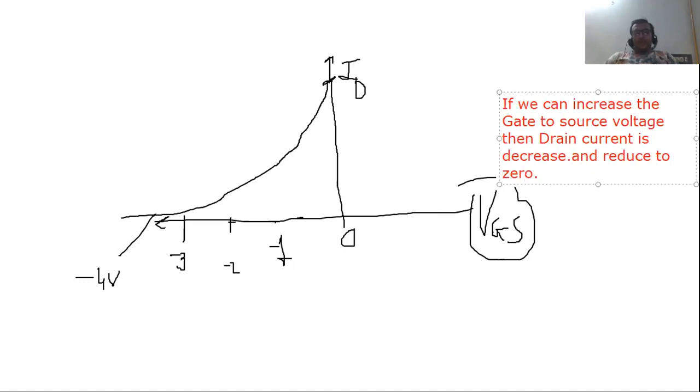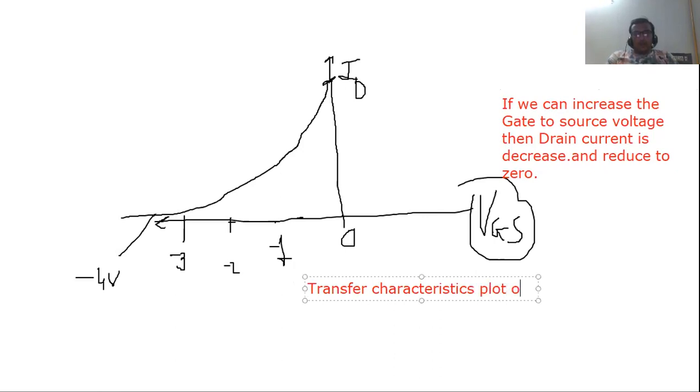So it is known as transfer characteristics. Remember that point. Transfer characteristics is the plot between VGS and drain current.